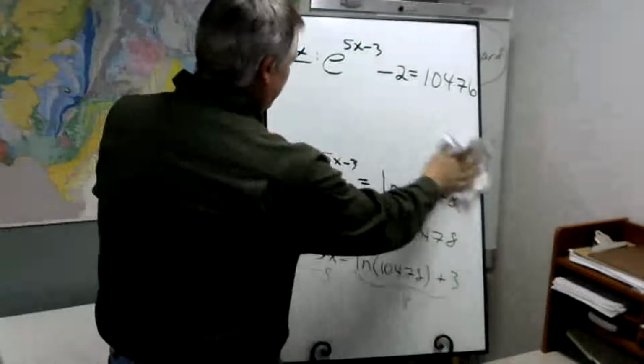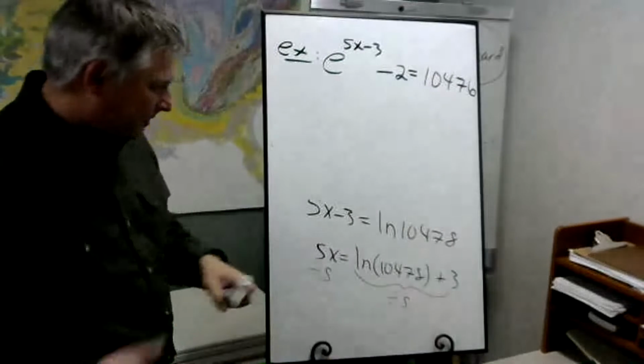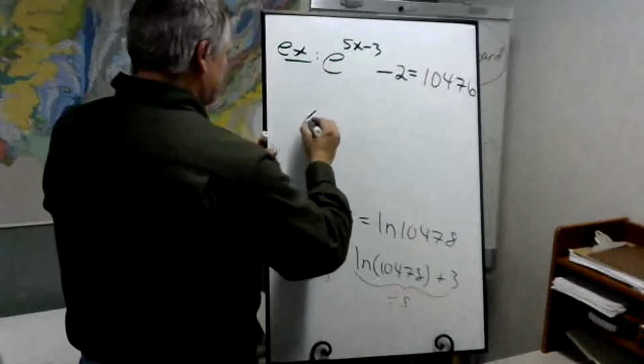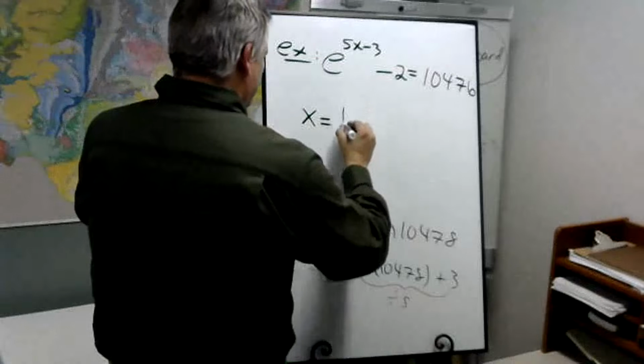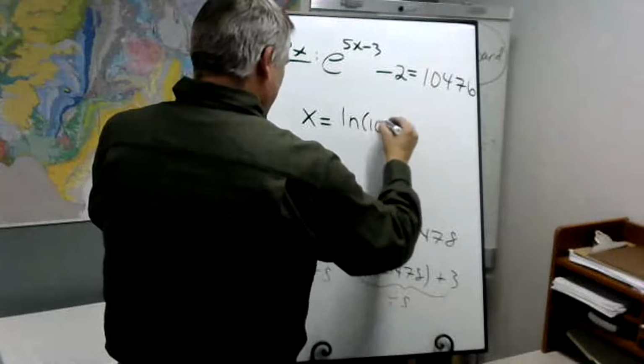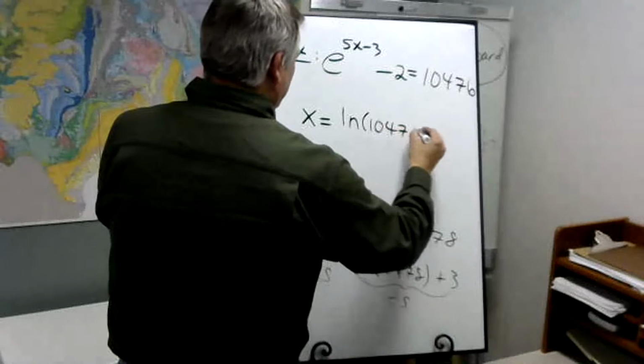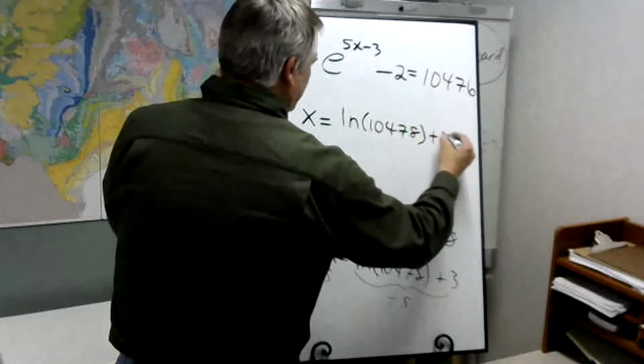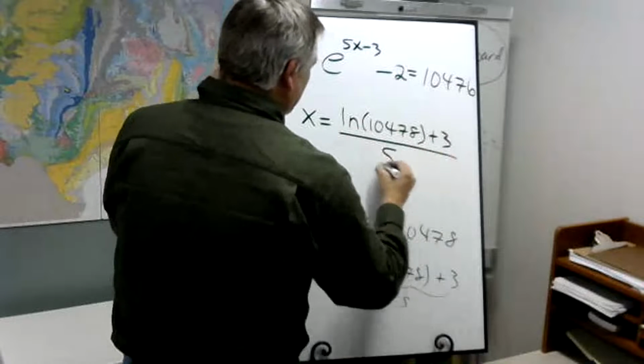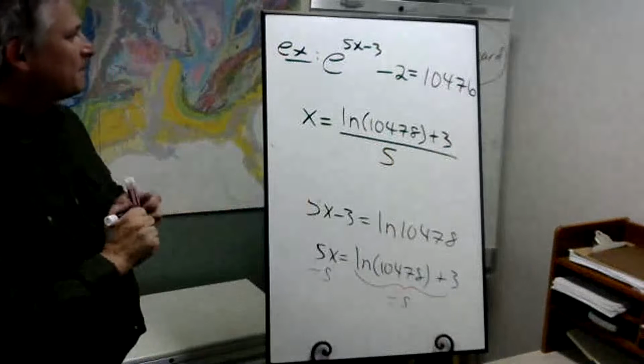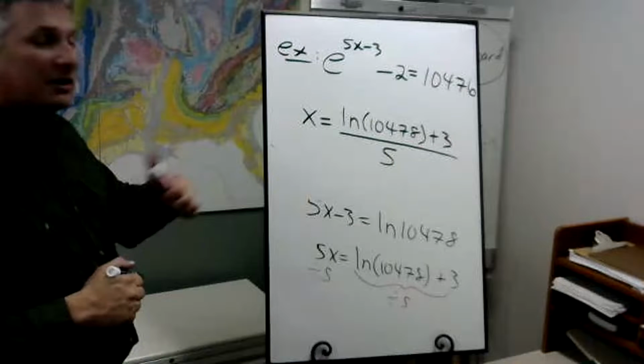So what that means, our final answer, natural log of 10,478 plus 3 over 5. And that does work.